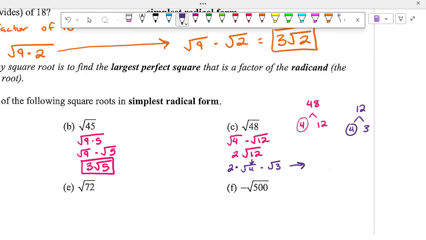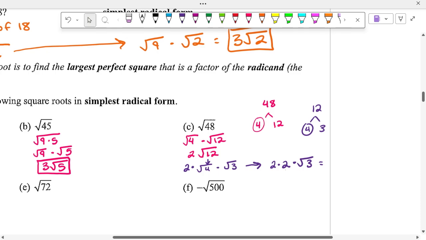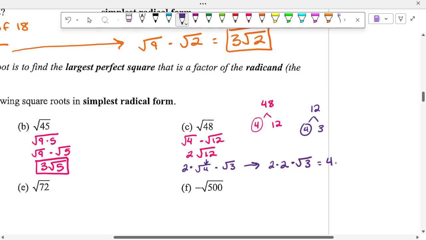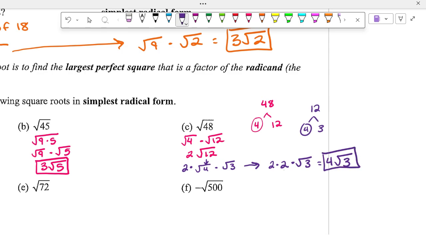So this would now be 2 times 2 times the square root of 3. So what do you think my answer is? 4 what? Times the square root of 3. Multiply. So everything we're doing is multiplying.